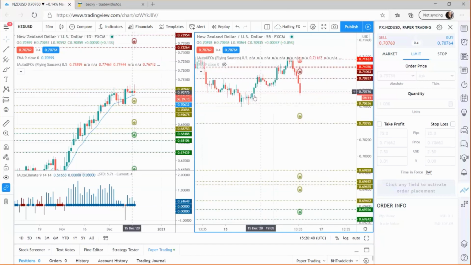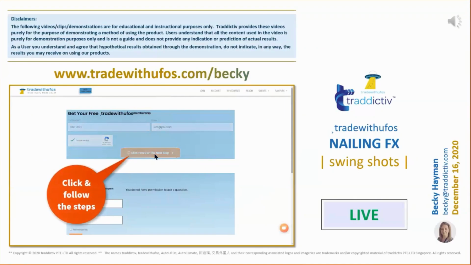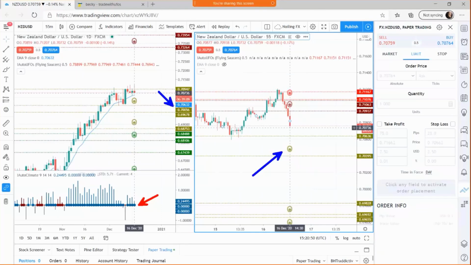So if we have probability to the upside, and we have an area shown to us here of probability of there being buy orders, showing us a high probability place to buy, and we have an EMA value around that band that also is likely to bring in orders, we've got many things in our favor that add probabilities. Nothing makes it definite. If we could get a definite thing in the markets, then brilliant, but unfortunately that doesn't exist.